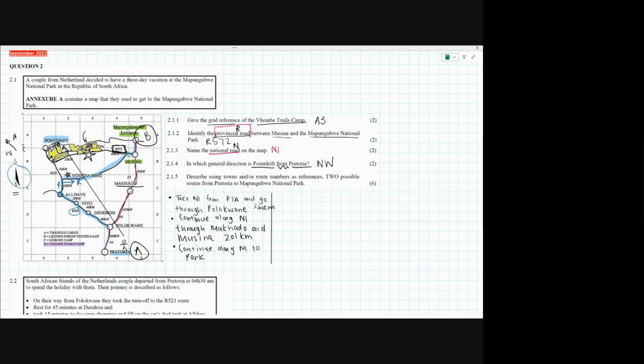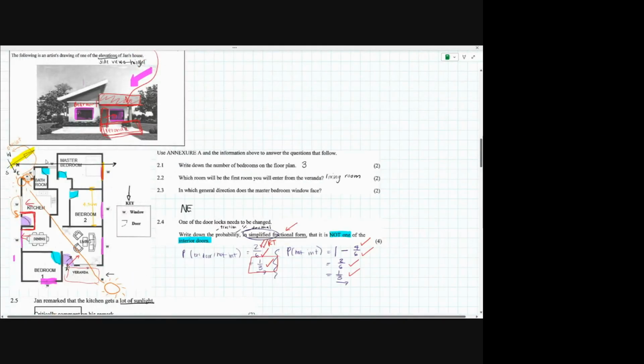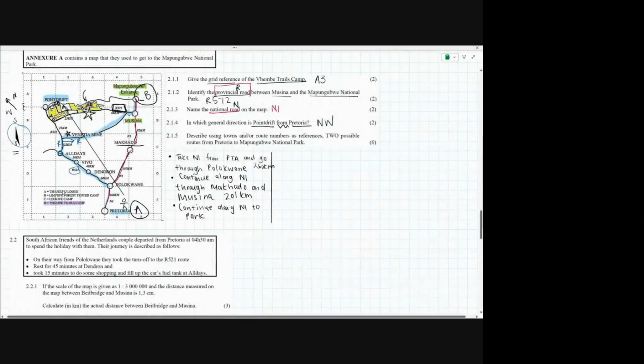I see this with kids that I've taught, a very small group, but often they will say head north, and I'm like, well, where's north? I haven't told you where north is. Unfortunately, we'd have to mark you wrong because you've made an assumption about where north is. North is not always straight up. We saw that in our plan here. North was diagonal, so you cannot assume that's where it is. I would need to give it to you.